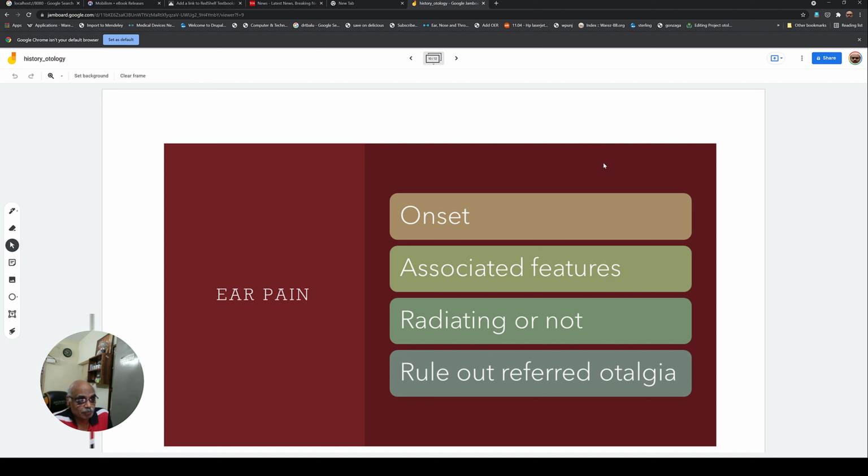So referred pain to the ear should be ruled out, because if the patient complains of ear pain, the focus of the patient and the clinician is going to be on the ear. But the pain may start due to conditions involving other areas supplied by the same nerve, either the nasopharynx or the tonsil. These conditions should be ruled out, and referred otalgia should definitely be ruled out in all patients with pain in the ear.